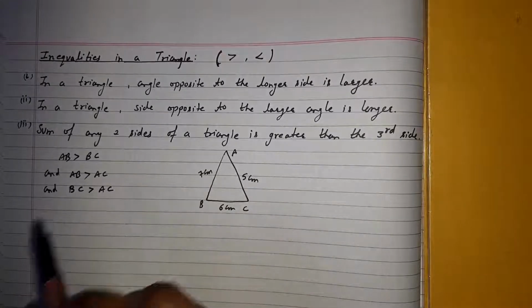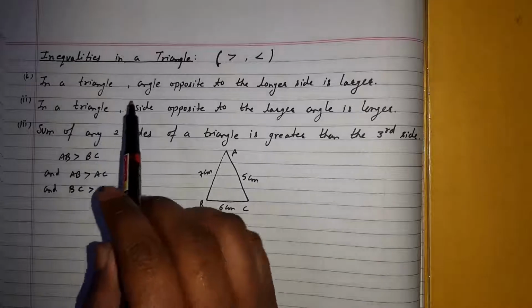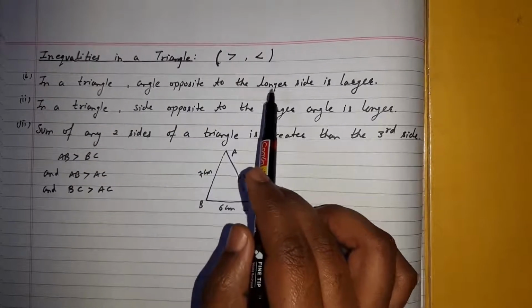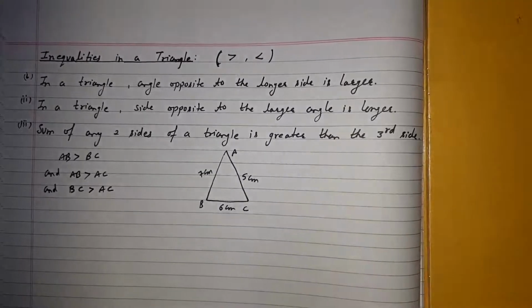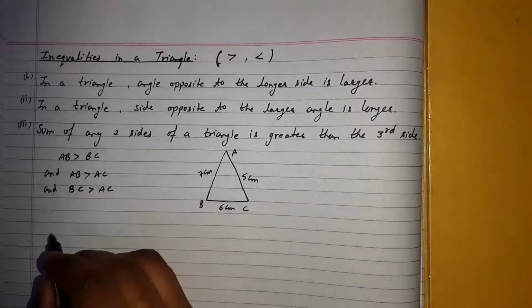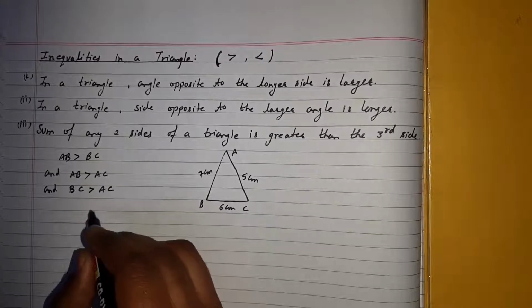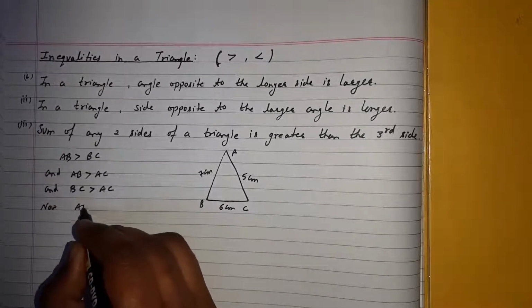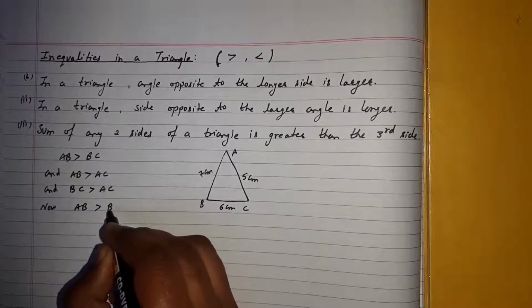So here we can use the theorems. In a triangle, the angle opposite to the longer side is larger. Suppose I am taking the first one, AB is greater than BC.